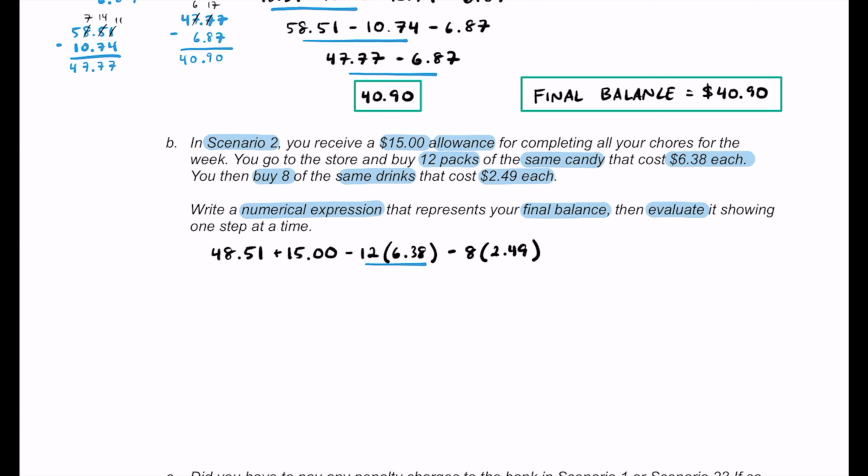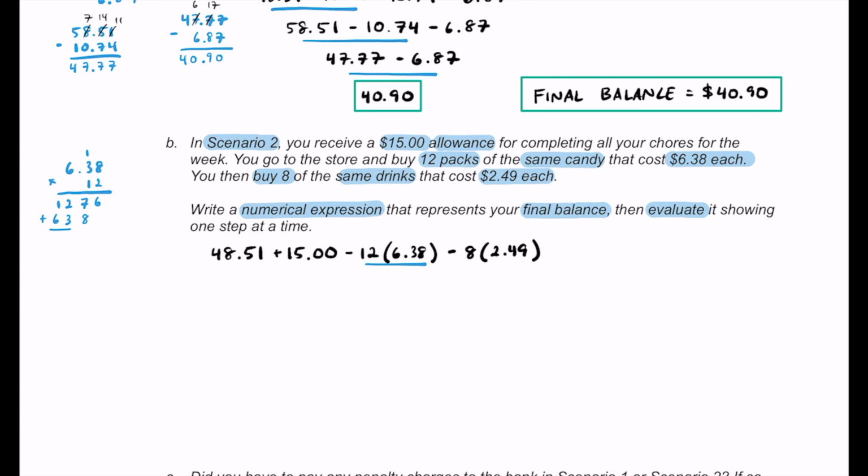So we're going to take 6.38 on the side and multiply that by 12. Again, feel free to pause to do this, or if you can do it faster, great. I'm just going to try to be as detailed as possible. 2 times 8 is 16, carry the 1. 2 times 3 is 6 plus 1 is 7. 2 times 6 is going to be 12. Next, we have 1 times 8 is 8. 1 times 3 is 3. 1 times 6 is 6.